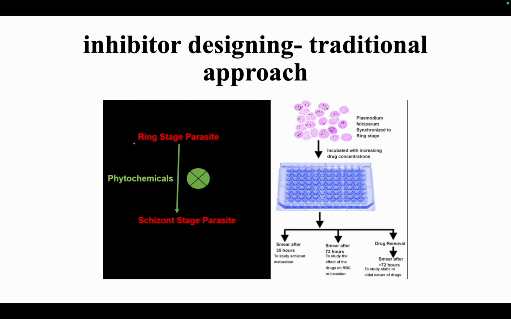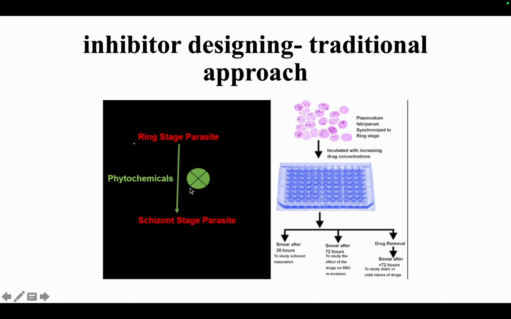So first we infect the RBCs with the parasite, and then this parasite has different stages like ring, schizont, and other stages. So we synchronize them all at the ring stage. After synchronization, we incubate at different concentrations of different phytochemicals or different drug concentrations, and then we check for this transformation, whether the cells are going into the schizont stage or whether there is inhibition.